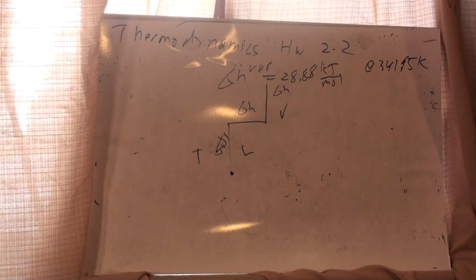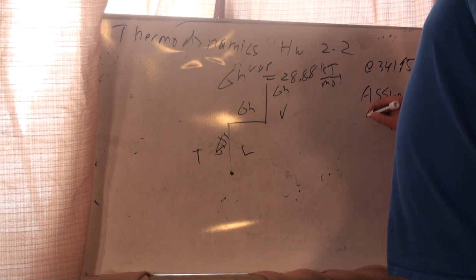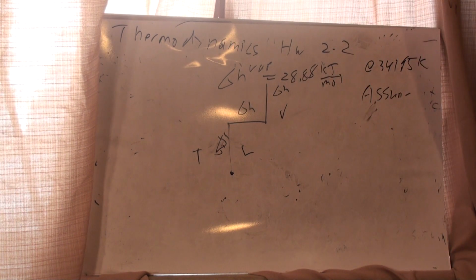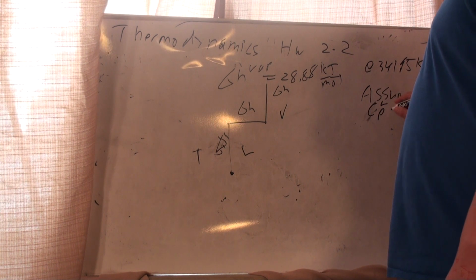Now, it doesn't say anything about heat capacities. So we have to make some assumptions. I'm going to need heat capacities. I have temperature changes, I have enthalpy changes, and so we're going to assume that the heat capacity of the liquid is constant.